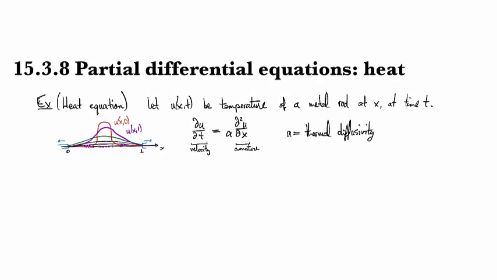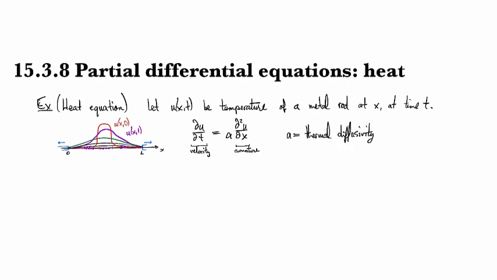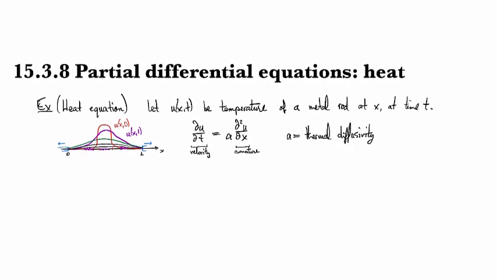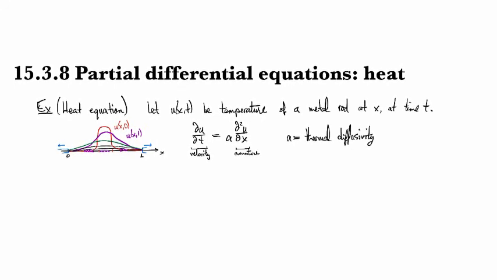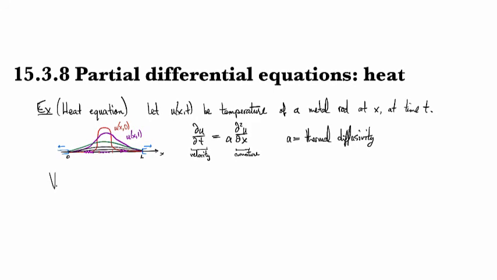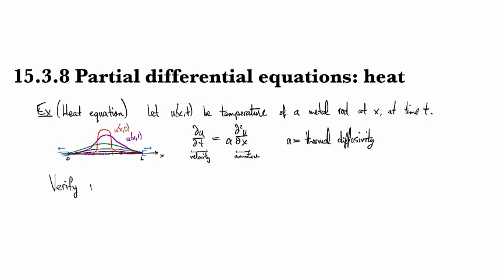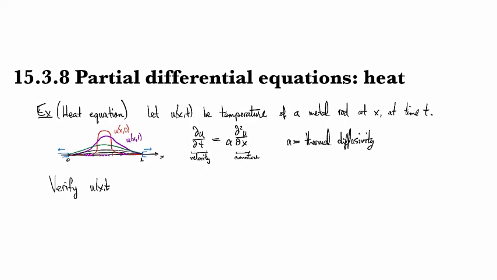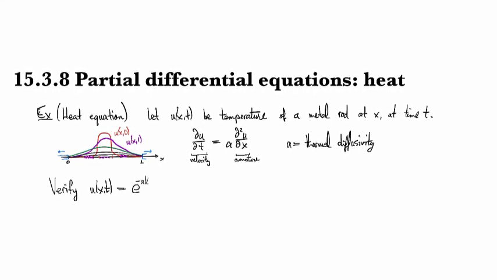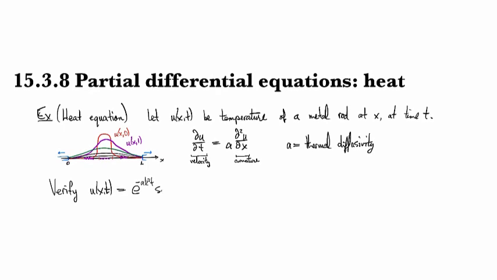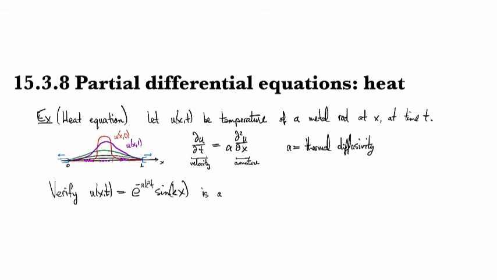All right. And so we're not going to worry about where this equation comes from. It can be derived using conservation of heat equations. Most PDEs come from some conservation of energy equation, some kind of conservation equation. We're just going to look at how to verify a solution. So we're going to verify that the function e^(-a k^2 t) sin(kx) is a solution.